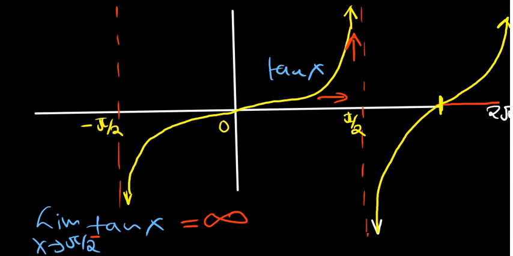It's approaching negative infinity from the positive side. So this is where we would say the limit doesn't exist. But if you consider tangent of 0, you know that it's 0. So for the values where you're able to determine the limit, it's easier. If you know how to sketch a function, it's easy to determine the value it approaches.